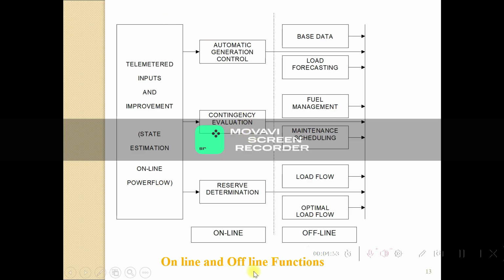Then online and offline functions: telemeter inputs and the improved state estimation, online power flow, automatic generation control, contingency evaluation, reserve determination online, base data, and then load forecasting, fuel management, maintenance scheduling, load flow, optimal load flow, and then offline.